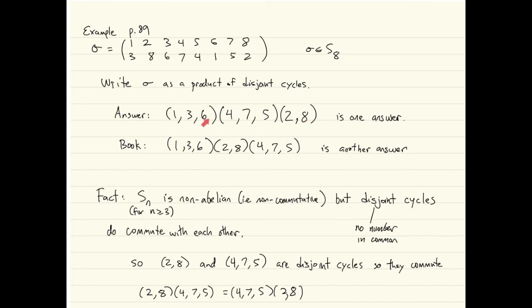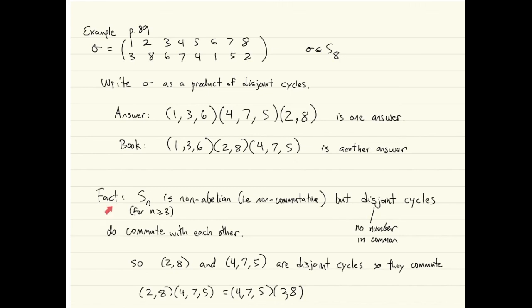Certainly 136 and 136 are the same, 475 and 475 are the same, 28 and 28 are the same. Usually the order matters, but if the cycles are disjoint, in other words, they don't have any overlapping numbers, then you can move them around. That's why the answer we found and the answer the book gave are the same. Another possible answer was if you switched the 8 and the 2, so instead of 2, 8, you wrote 8, 2. That would also be a correct answer.